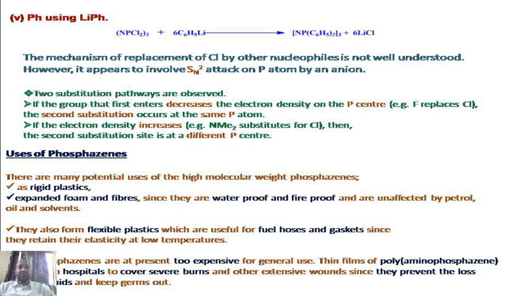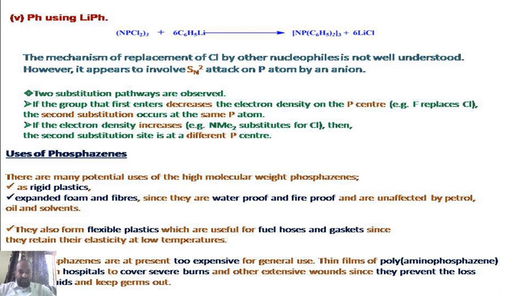So there seem to be two substitution pathways. If the group that enters first decreases the electron density on the phosphorus center, for example F replacing Cl, causing a decrease in the electron density on the phosphorus center of the trimer and tetramer, then the second incoming nucleophile will substitute at the same phosphorus atom.